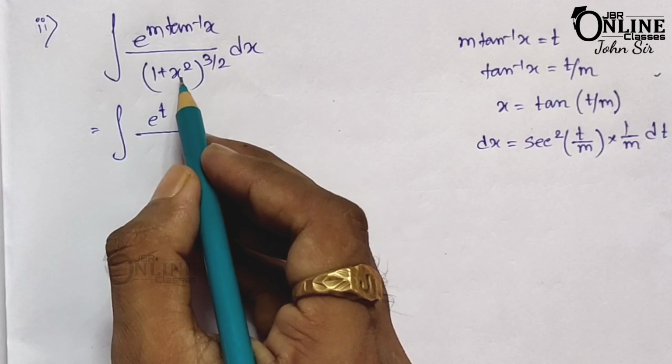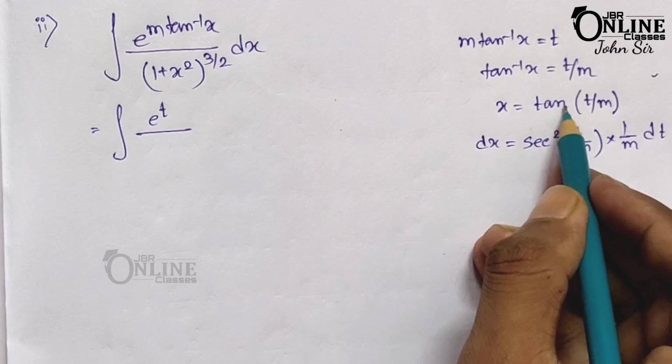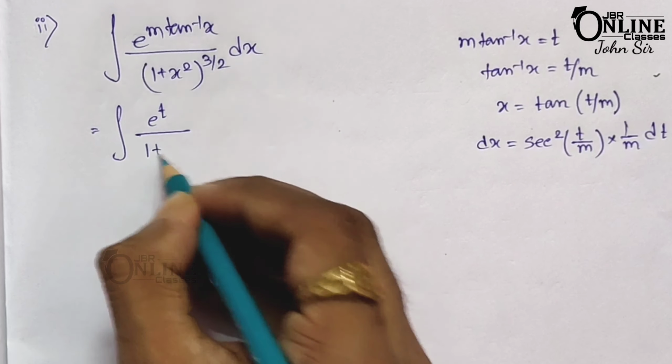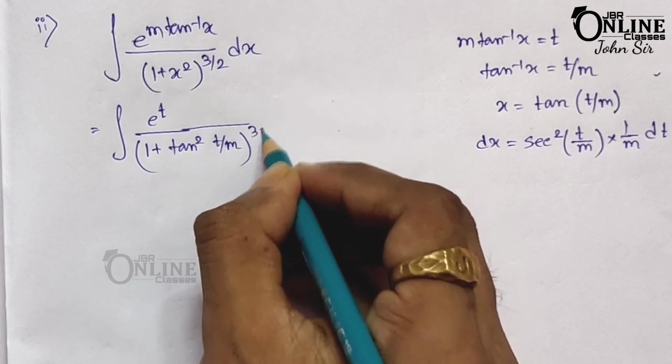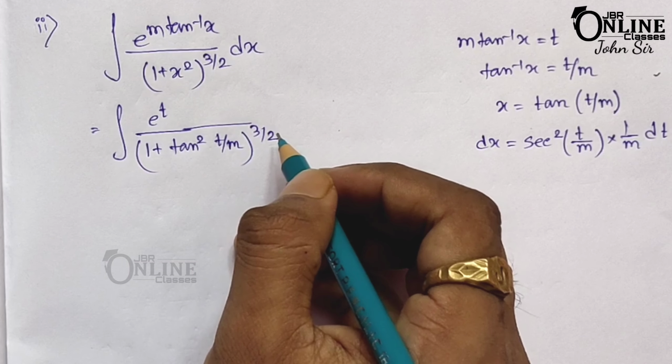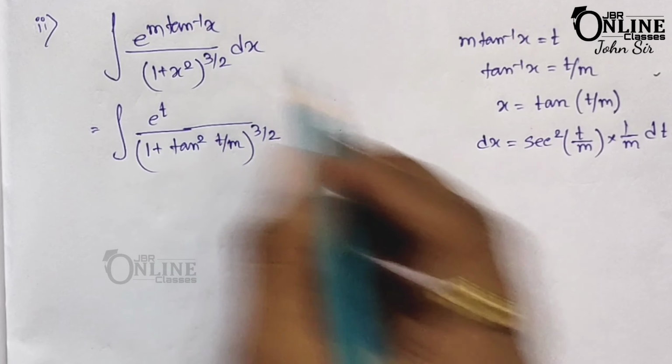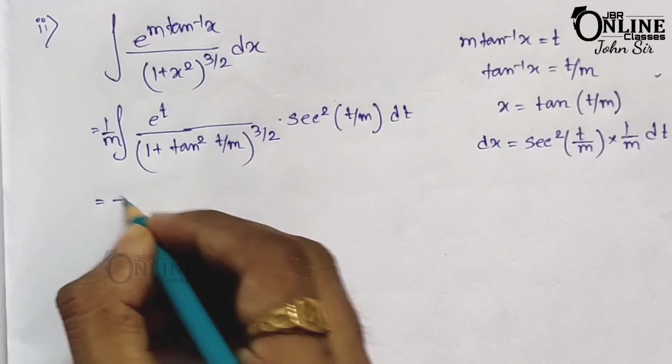Now next one, as here x square, so x square means tan square t by m. So it will be 1 plus tan square t by m whole to the power 3 by 2. Okay, and next instead of dx, just write down here sec square t by m, here 1 by m, and then dt. Okay, just write down it very carefully.